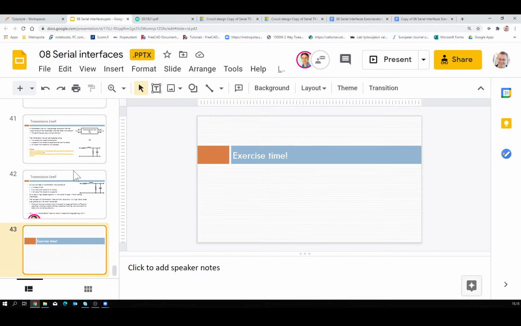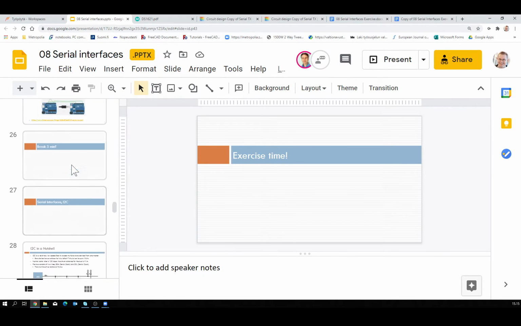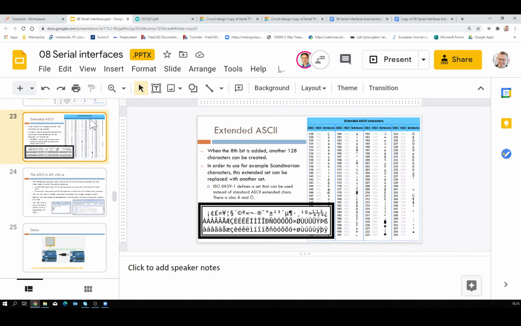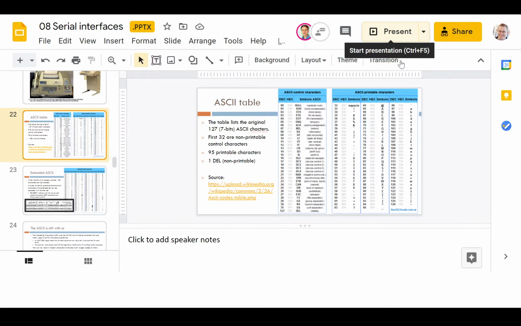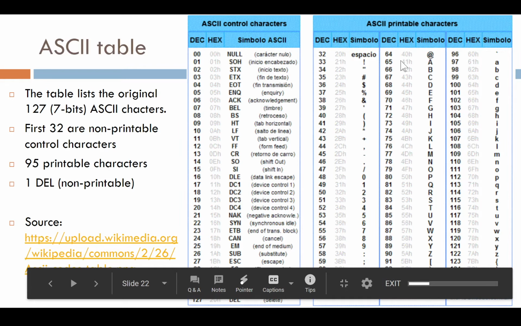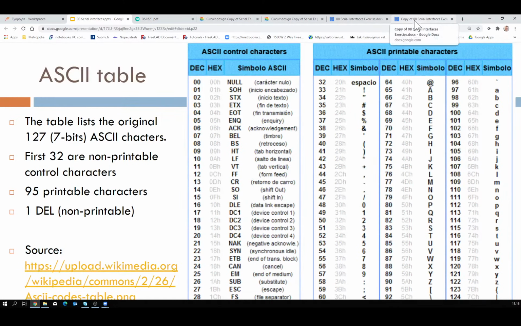So you will take those numbers and find the corresponding ASCII character from that table. So if there is a capital A, you'll find number 65 there. Or if you find decimal 80, that will be capital P.